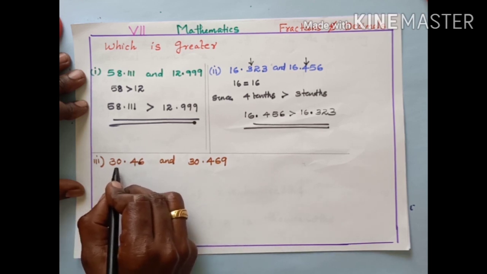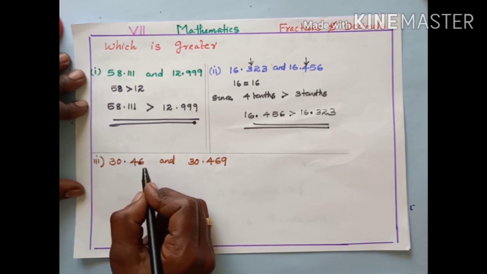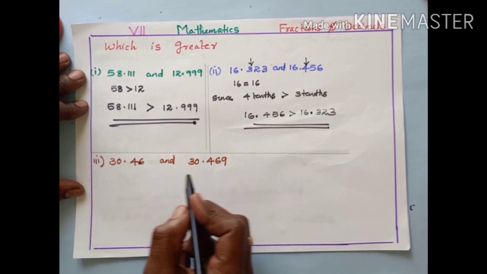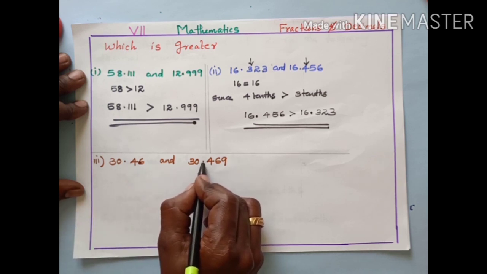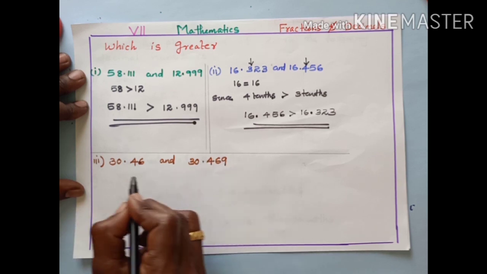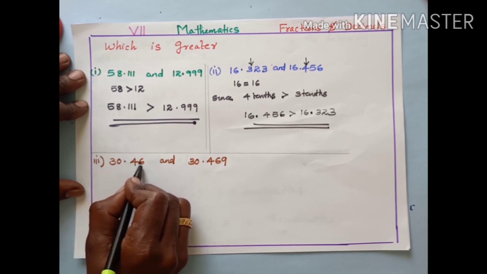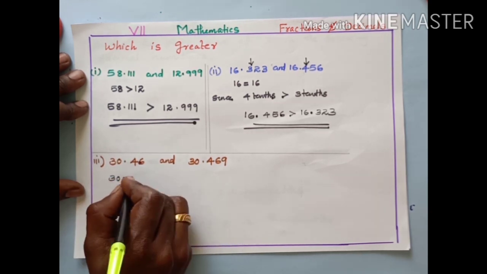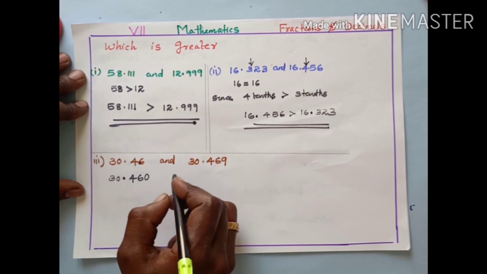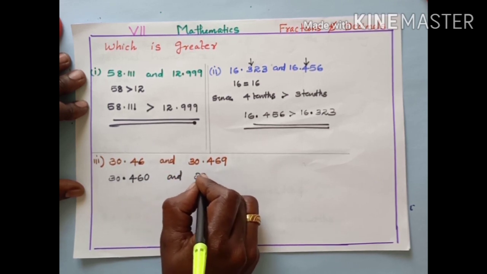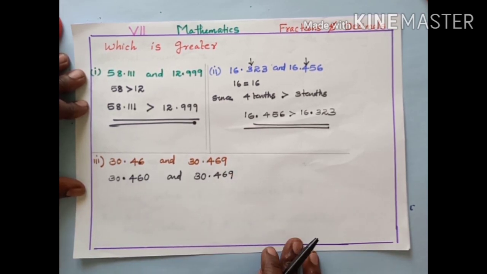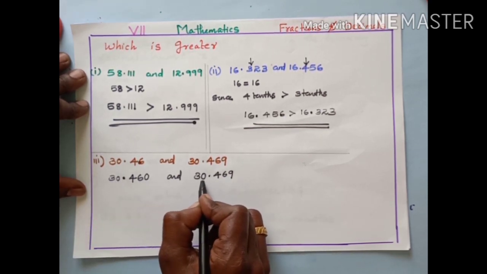Third question is 13.46 and 30.469. See, here after the decimal there are 3 numbers, and here after the decimal 2 numbers, 4 and 6. We can write this as 30.460, and here 30.469. So first convert into like decimals. Then compare the whole number part.